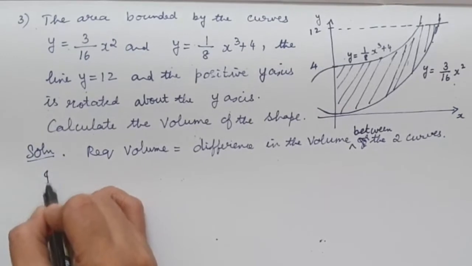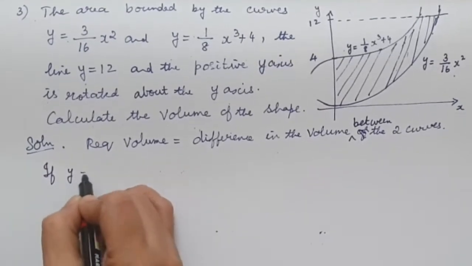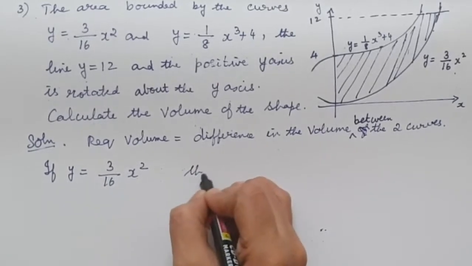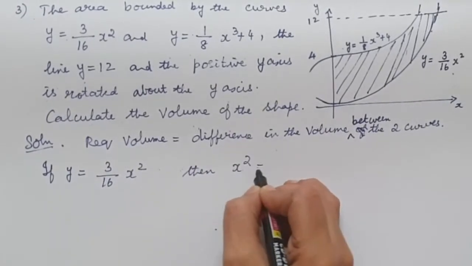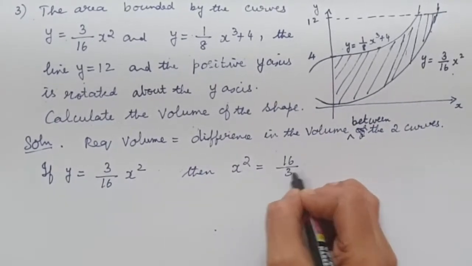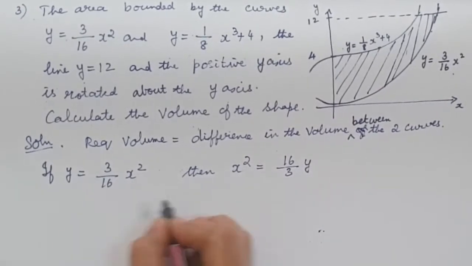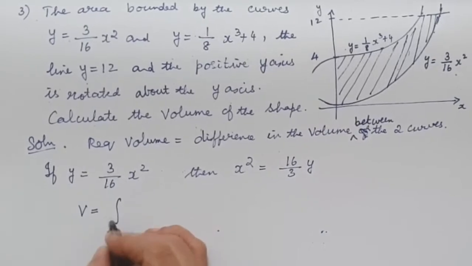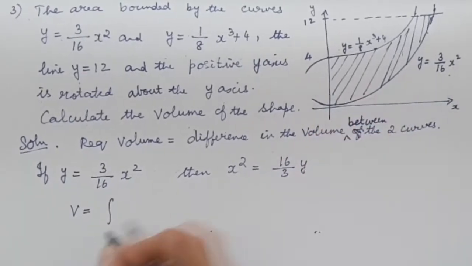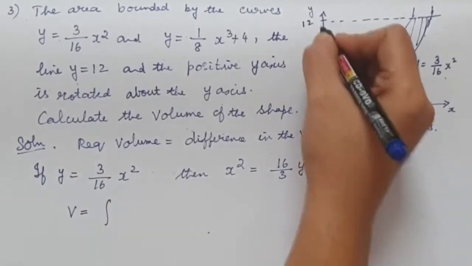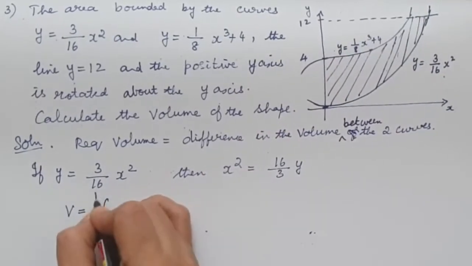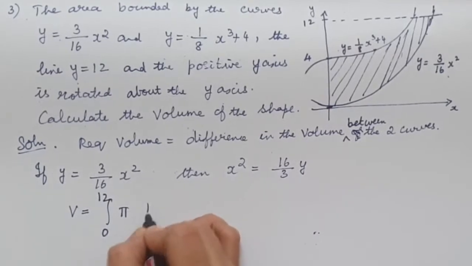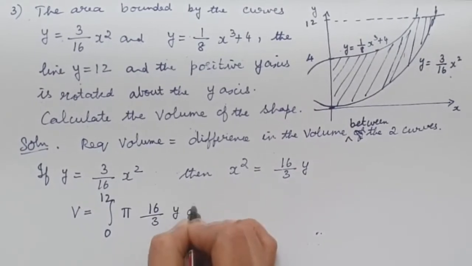Now, if y equal to 3 over 16 x squared, then x squared will be equal to 16 over 3 y. So now let us find the volume of this. Volume will be, for the first curve, from 0 to 12, pi x squared. x squared is 16 over 3 into y, into dy.